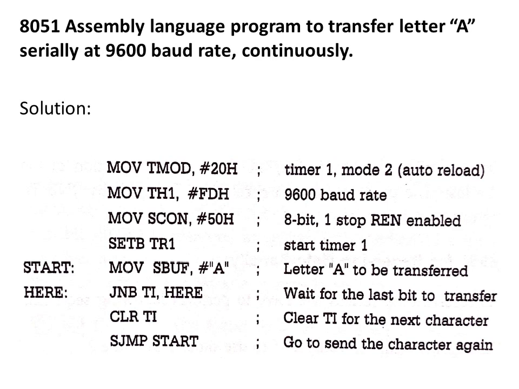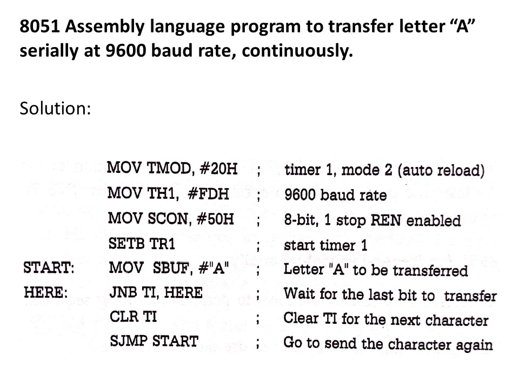If you look into the solution, the first instruction is MOV TMOD, #20H. That is the timer mode register. It should be loaded with the immediate value 20H, to represent timer 1 mode 2 auto reload format.